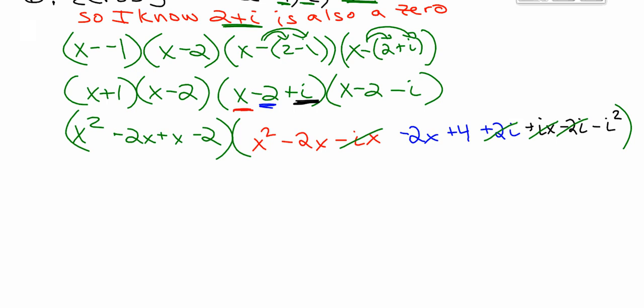And then I'm also just going to change that minus i squared. i squared is negative 1, and so it's going to be minus negative 1, so I'm going to write plus 1, and then hopefully I won't forget about it. So now I'm just going to combine like terms, and like I said, I'm kind of leisurely doing these two because I just knew the other one took a lot of steps.